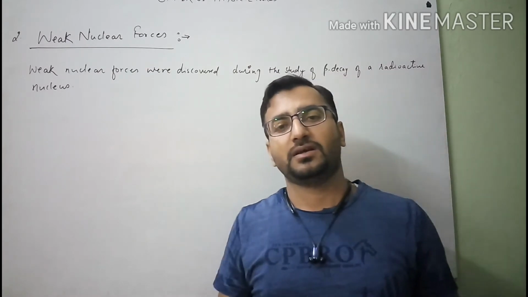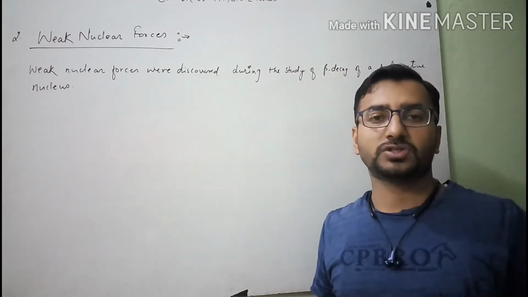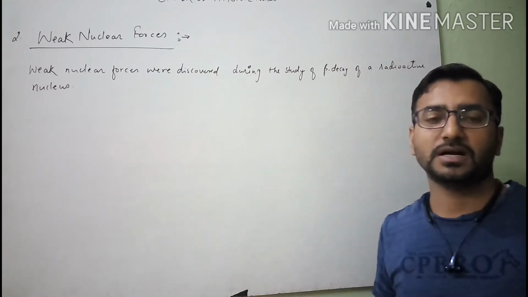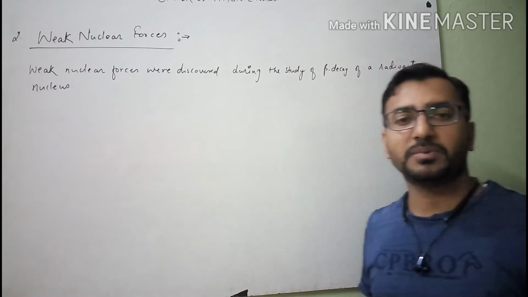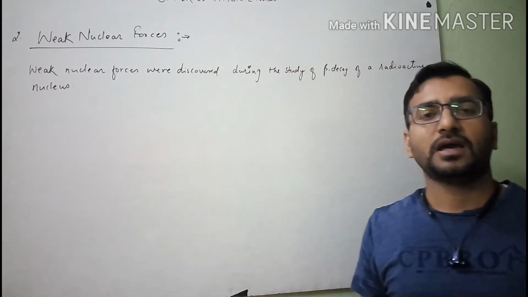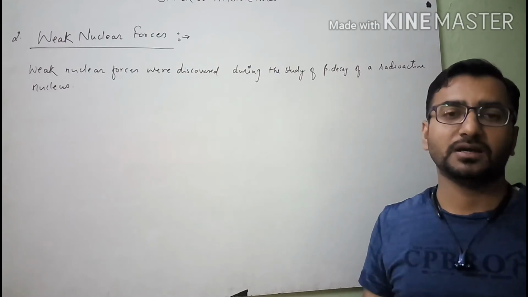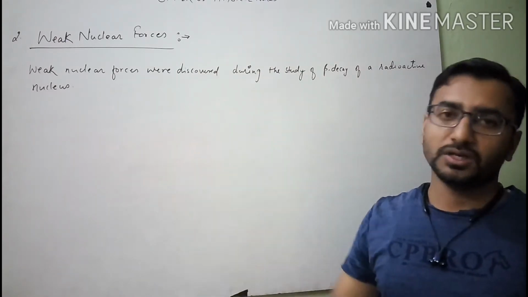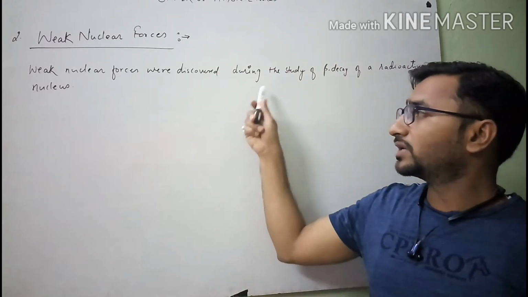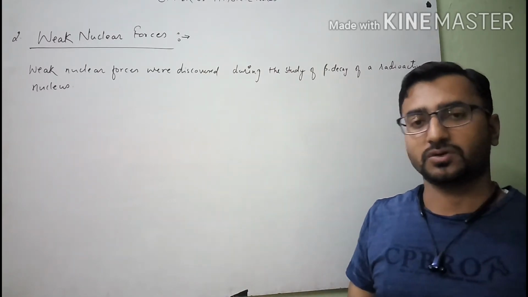After that, Pauli in 1930 gave a postulate that an uncharged elementary particle known as the antineutrino is also emitted along with this beta particle from the nucleus, during the beta decay of the neutron.